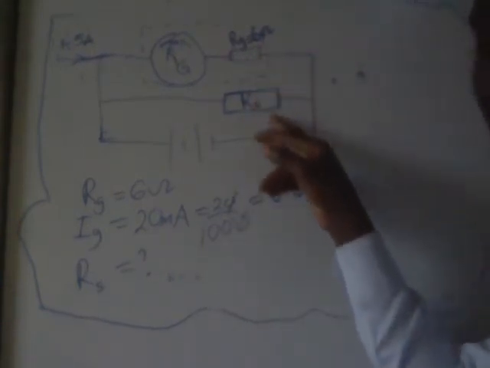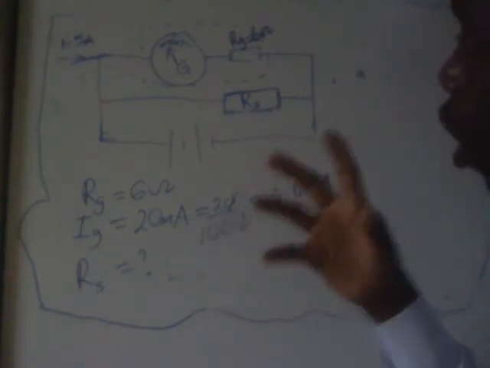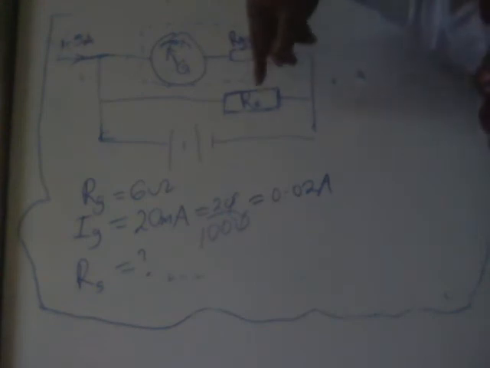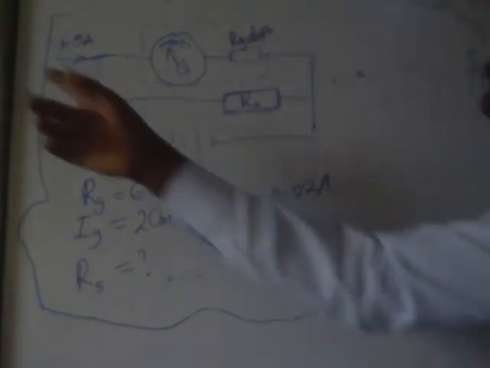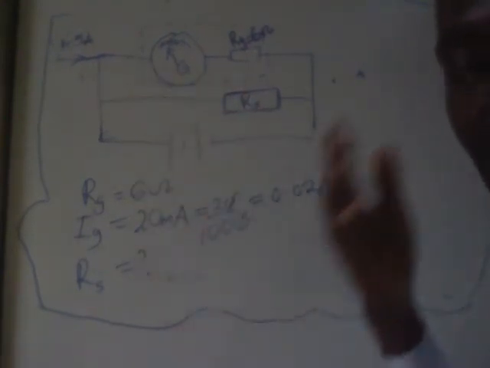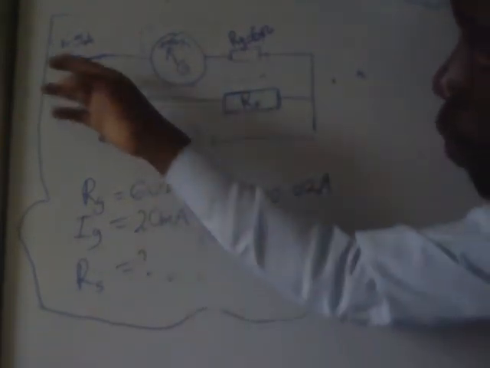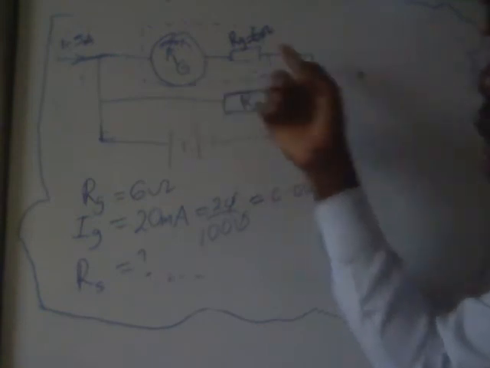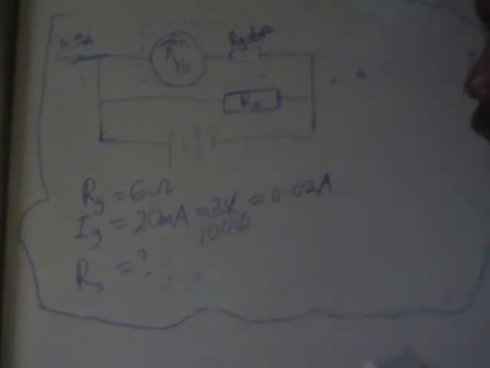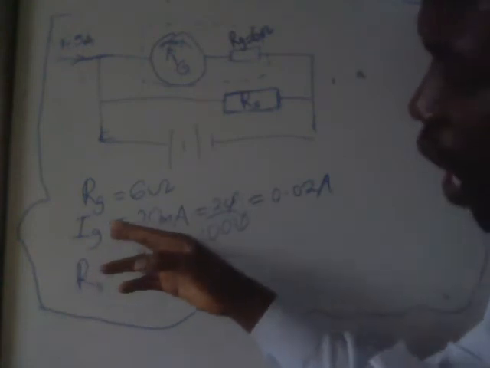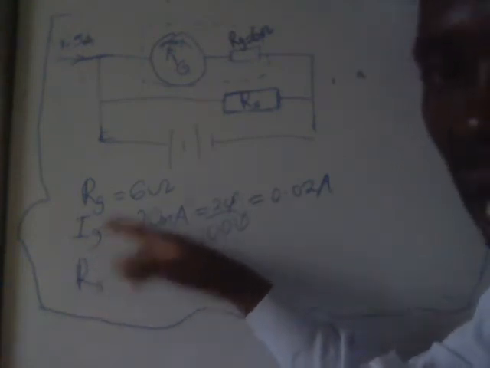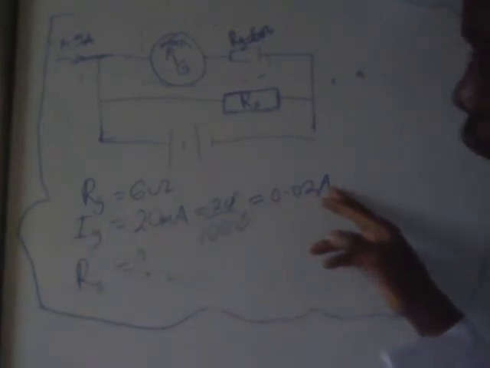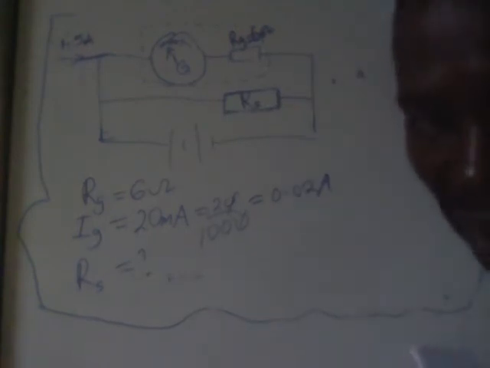So the 1.5 amperes that is coming, they will share it, such that the galvanometer has its own current already. The maximum current that the galvanometer can measure is 0.02 amperes.